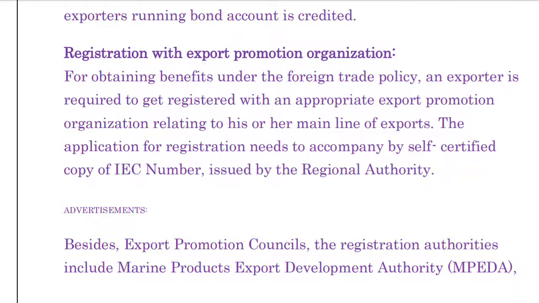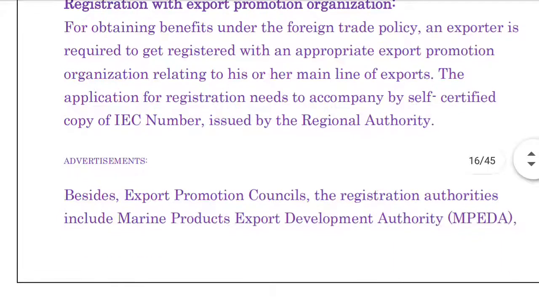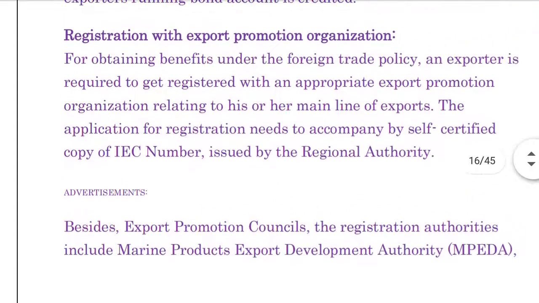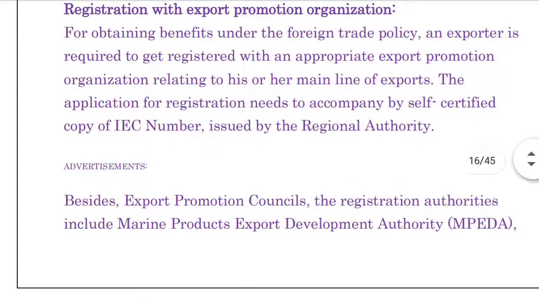So this promotion organization will help us find out the good market in international trade. This organization will be very helpful if you register with them, as they provide the facility.